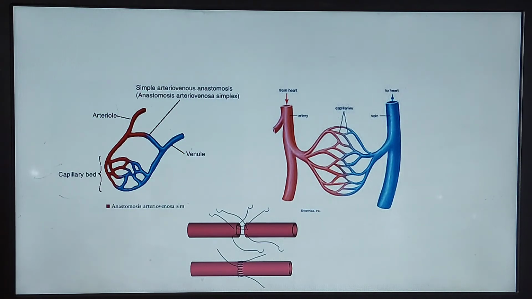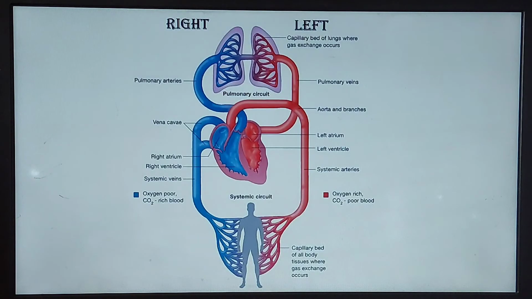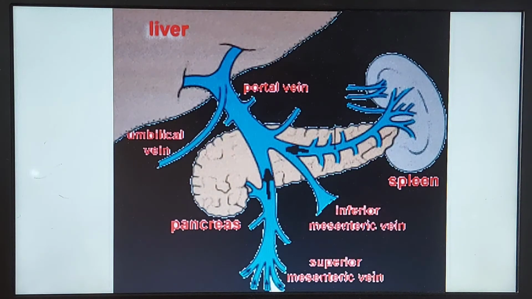And sometimes here we see a capillary bed. From this capillary bed, the venous system originates. This is normal anastomosis, but sometimes we see a form of anastomosis that is different from the normal.